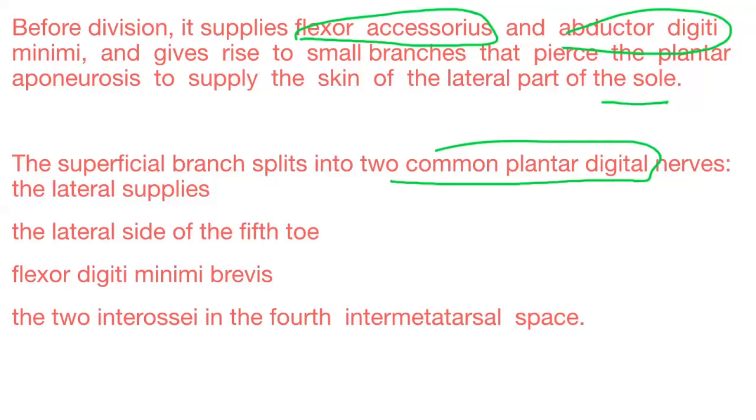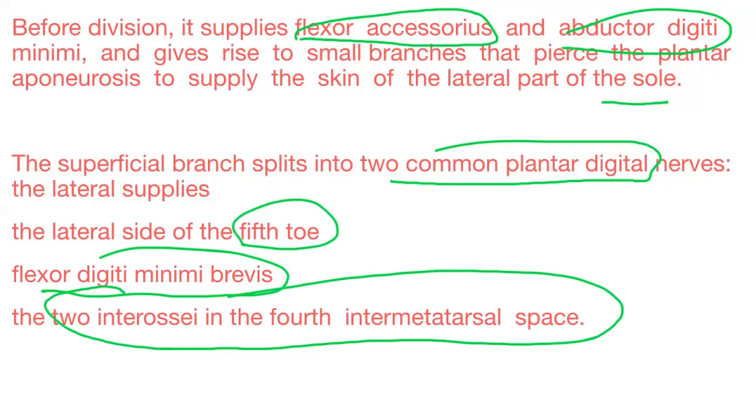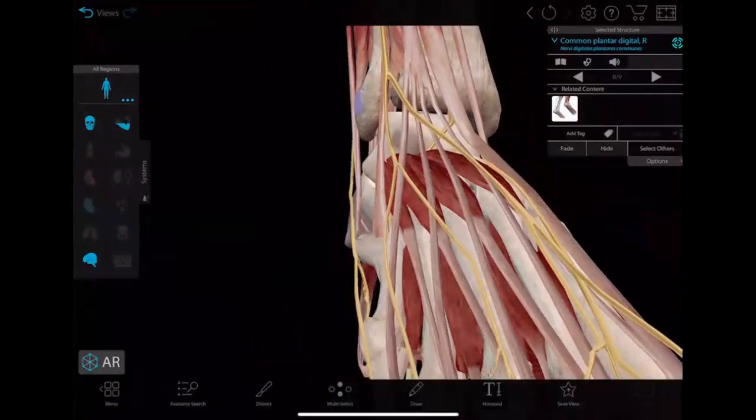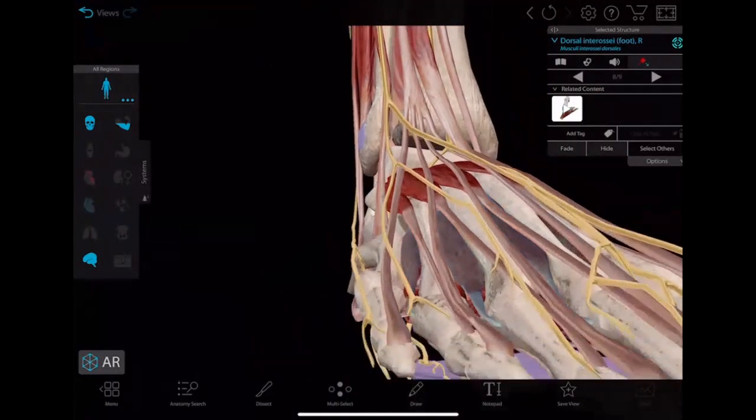The lateral side supplies the fifth toe, flexor digiti minimi brevis, and the two interossei in the fourth metatarsal space, right? So in the fourth metatarsal space, those are the dorsal interossei and plantar interossei.